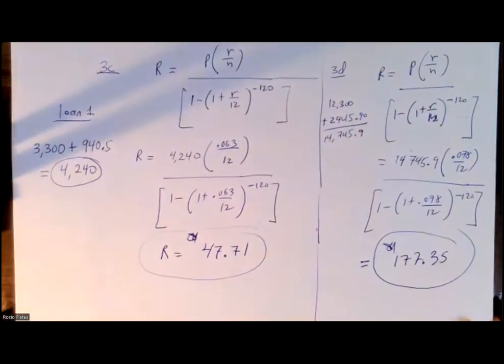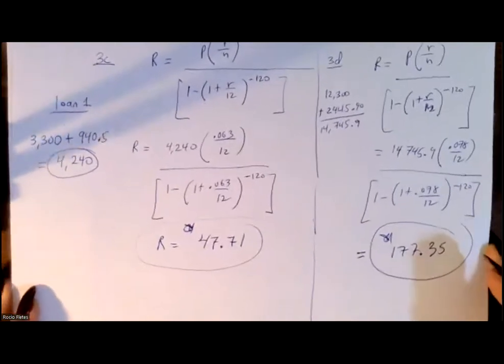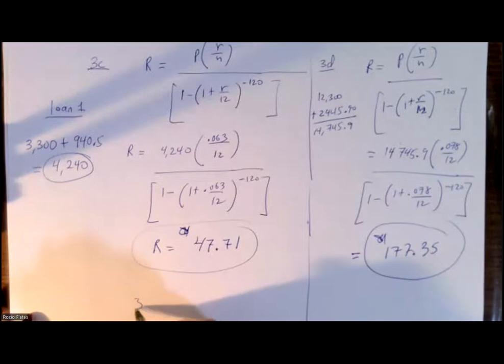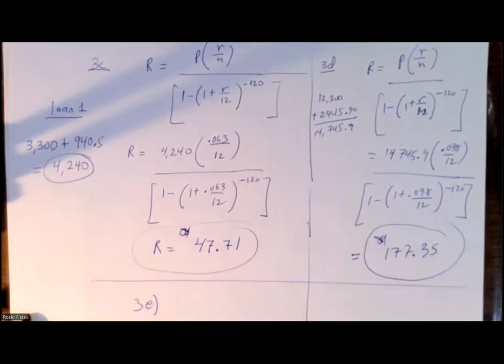And then remember, so that was 3D. The last part of the question is to find the total payment, which is going to be 3E, I think, right? And we just add the two.